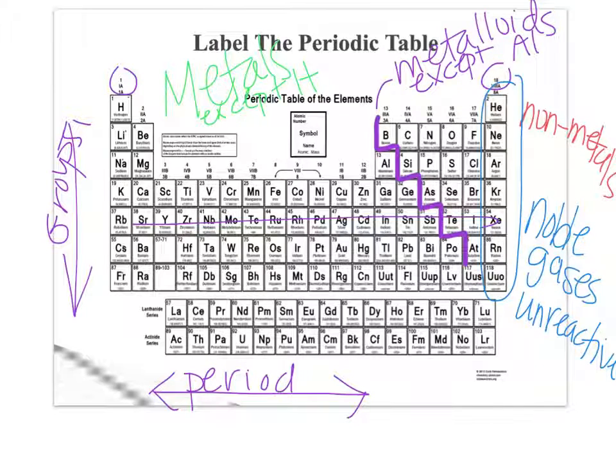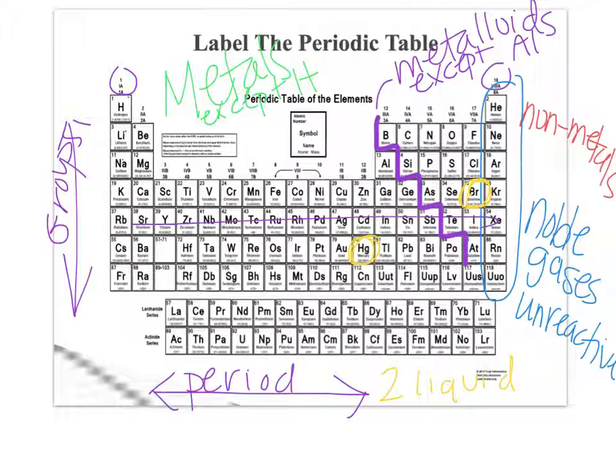And then the last thing I want you to make note of is that we have only two elements that are actually liquids at room temperature. So two liquids on the periodic table, that's it.